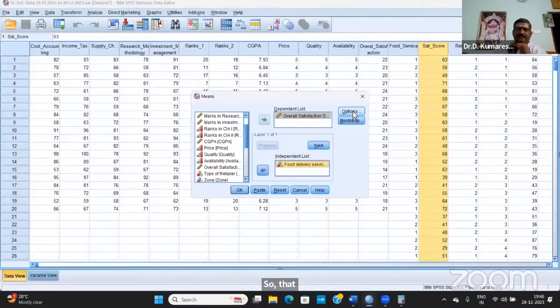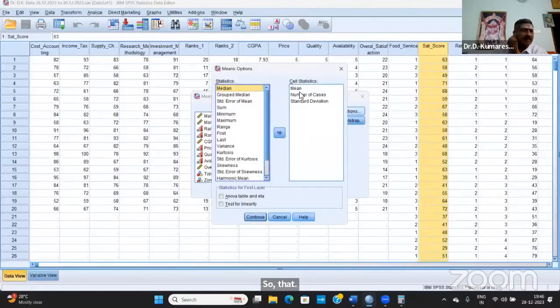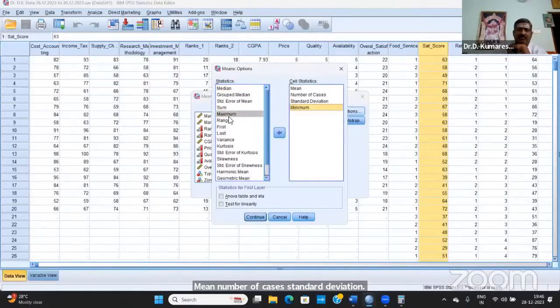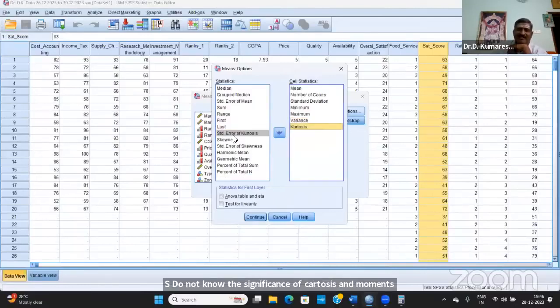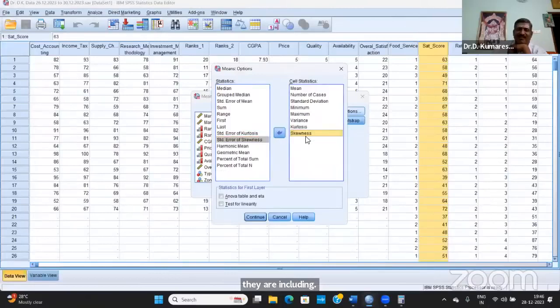Go to Options. Mean, number of cases, standard deviation, minimum, maximum. If you want variance, you can include it. Some scholars do not know the significance of kurtosis and moments. They are including kurtosis and skewness also.